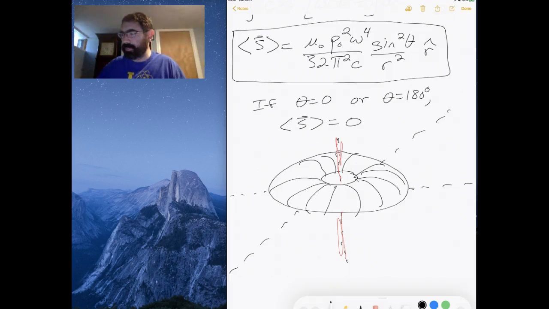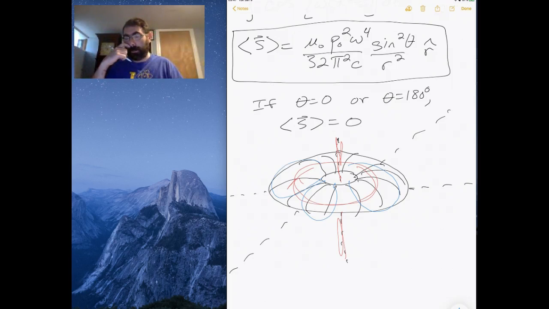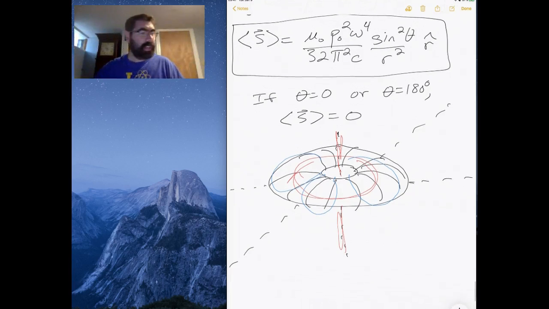The magnetic fields are pointing in the phi direction. The electric fields are pointing in the theta direction, right here.